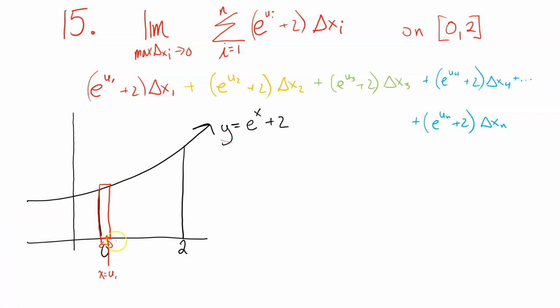And this next rectangle has a width of delta x sub 2. And somewhere on that interval is some place called u sub 2. That number was put into e to the x plus 2, and we got this height.